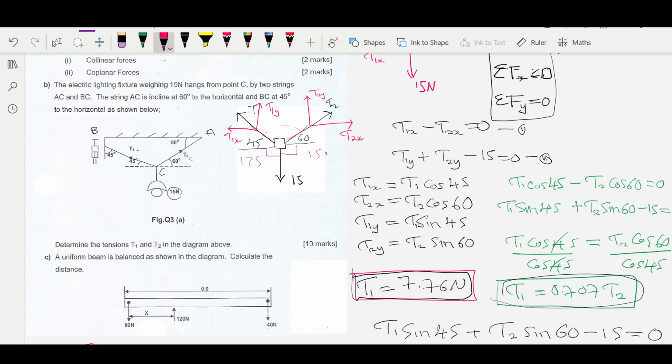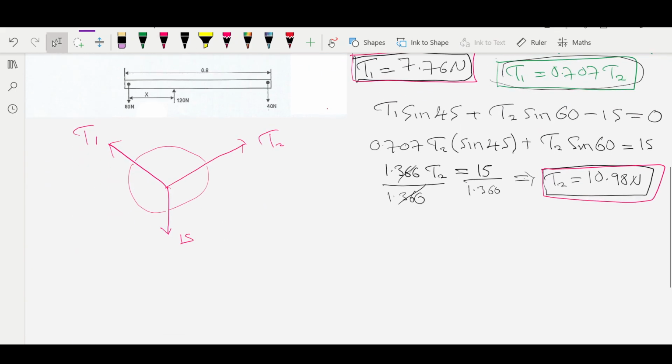So 60 plus 45 gives us 105. 180 minus 105, we remain with 75 here. So we have 75, 150, and 135 there.